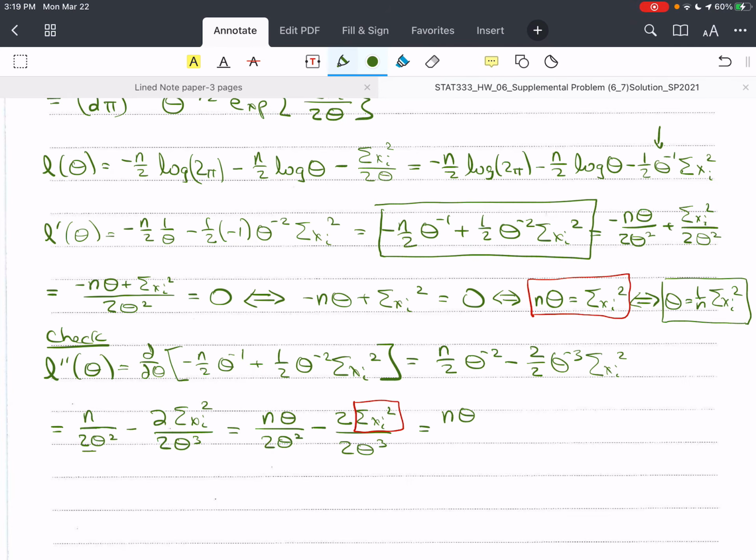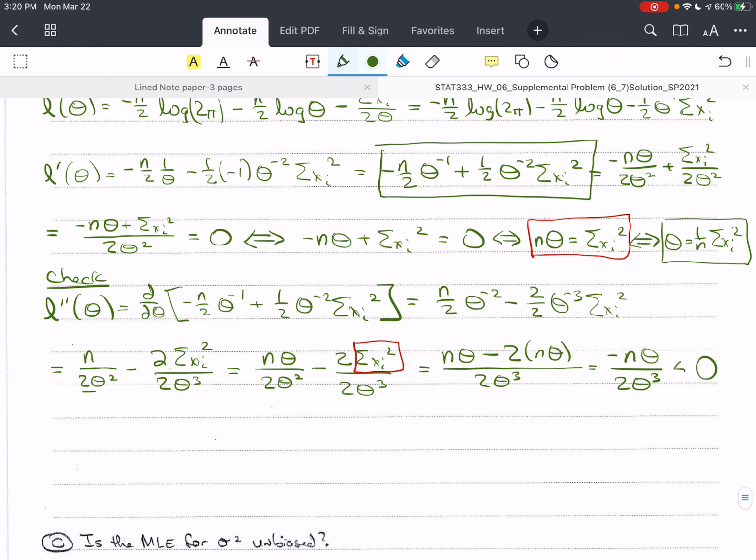So n θ minus 2 times n θ over 2 θ cubed equals negative n θ over 2 θ cubed. So this is less than 0 for all θ.